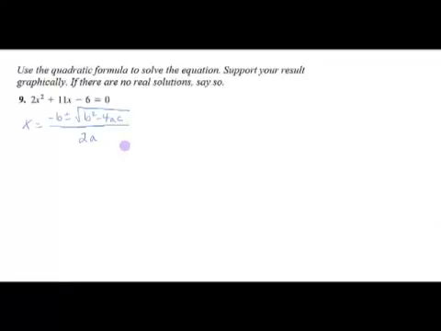Since our equation is already in standard form, I can just identify my a, b, and c. A is 2, b is 11, c is negative 6.